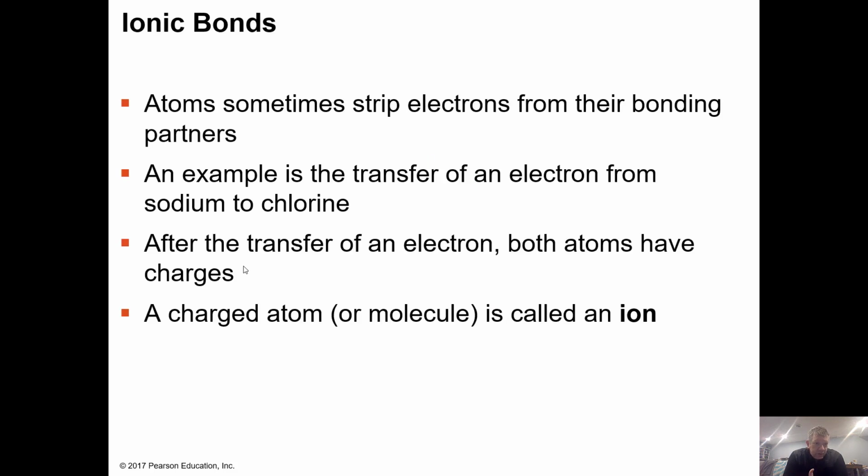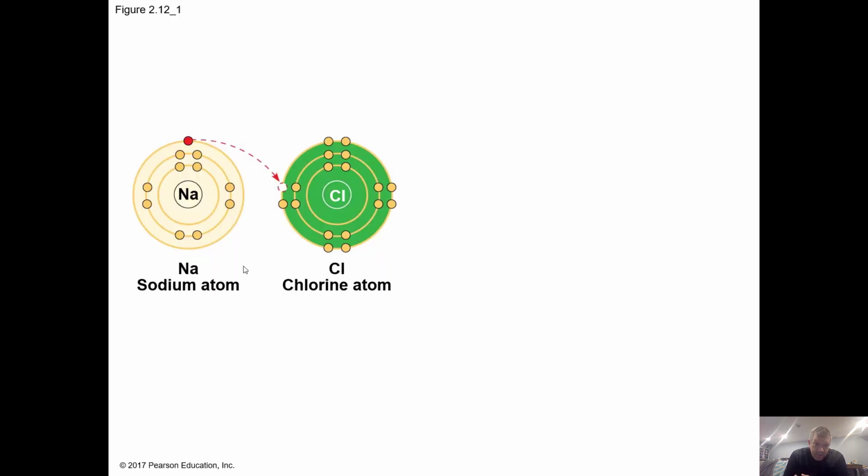We also have something called ionic bonds, where you get this permanent donation of an electron from one atom to another. And we form what's called an ion, which is a charged particle or a charged atom, meaning it'll have a positive charge or a negative charge. So, with sodium here, sodium has one electron on the outside.